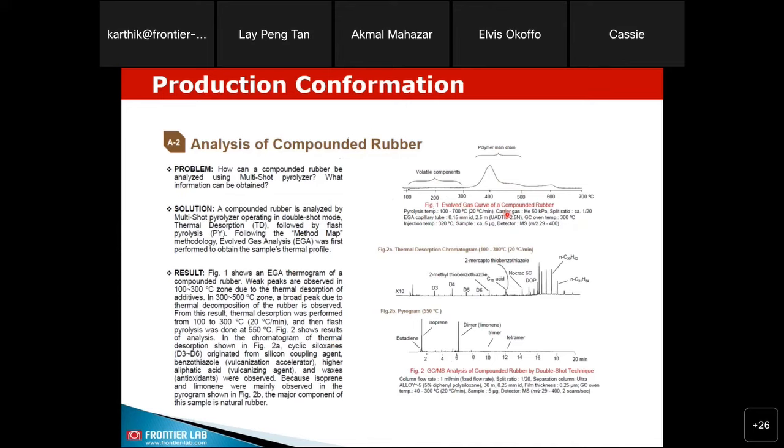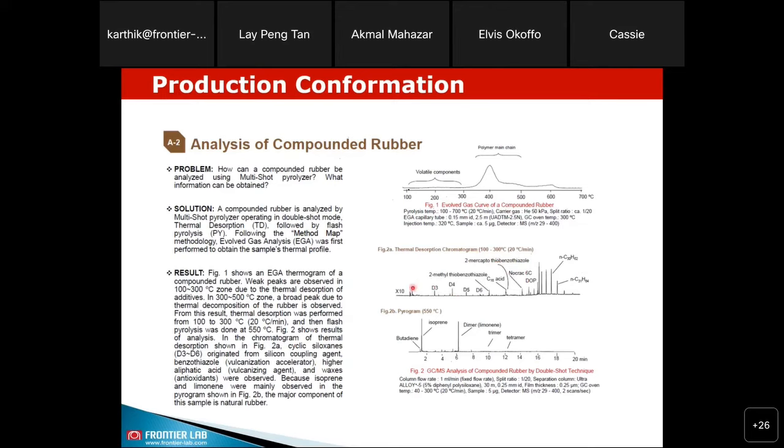But this is something you may not want to do when you are really looking for every minute of information. So most of the time your thermal desorption condition will be something like this: 50 to 300 or 100 to 300, 20 degrees C per minute as a ramp. And after that, the GCMS will tell you what kind of different additives are present in your sample.